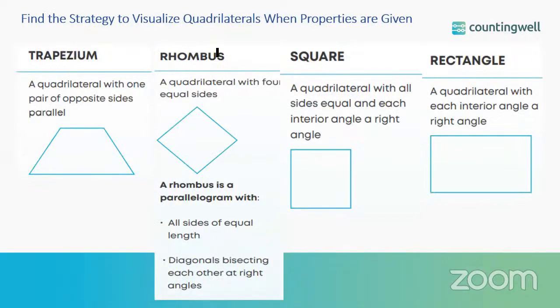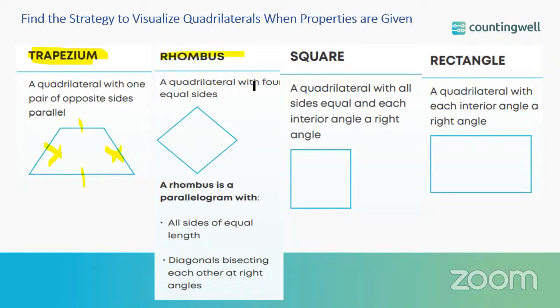These are some of the quadrilaterals satisfying some conditions. First, we have the trapezium. It is nothing but a quadrilateral with one pair of opposite sides parallel. Here you can see these 2 sides are parallel to each other, whereas these 2 sides are not parallel.